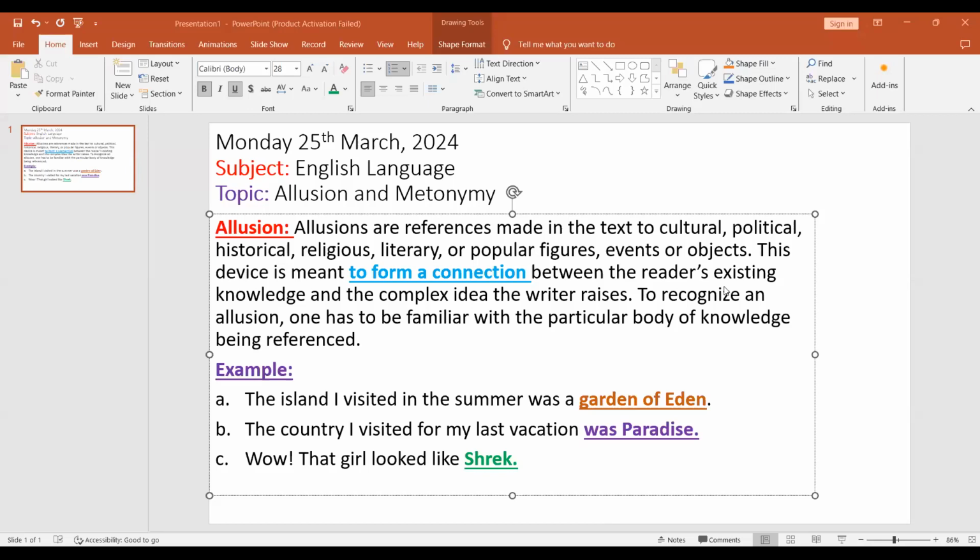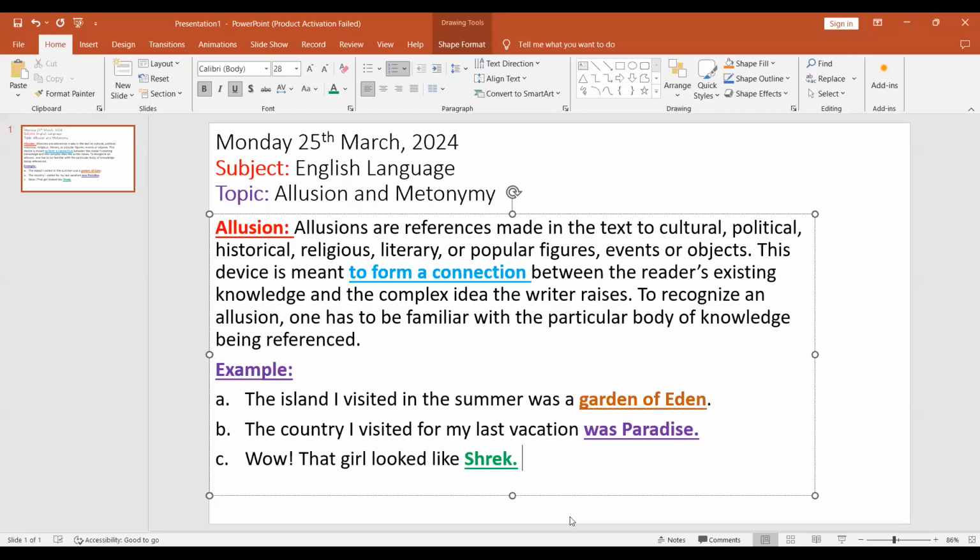I need Aliana. Where's Aliana? Yes, sir. Can you read the definition for allusion, please? Allusions are references made in the text to cultural, political, historical, religious, literary, or popular figures, events, or objects. This device is meant to form a connection between the reader's existing knowledge and the complex idea the writer raises.